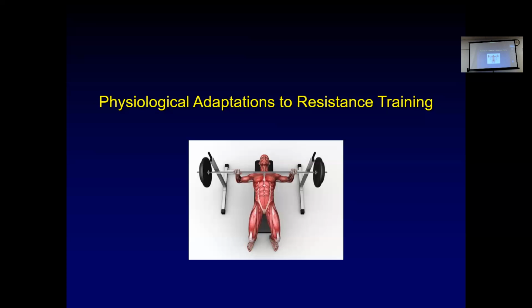And so when we do resistance training, we can change both of those things. We can not only make our muscles bigger, we can also train the brain to be better at recruiting or turning on whatever muscle we actually have at that exact moment.